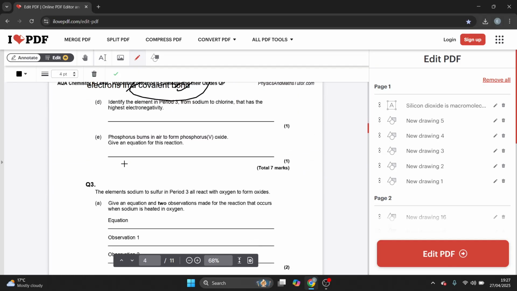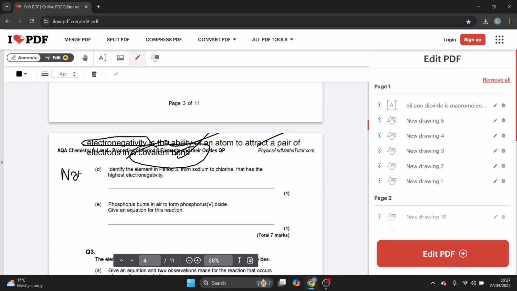I know from sodium to chlorine, a trend you should memorize for period 3, atomic radius decreases. I also know first ionization energy increases, but that's not really relevant.